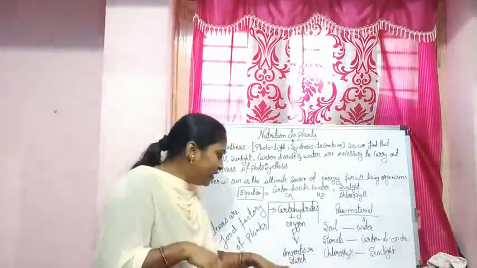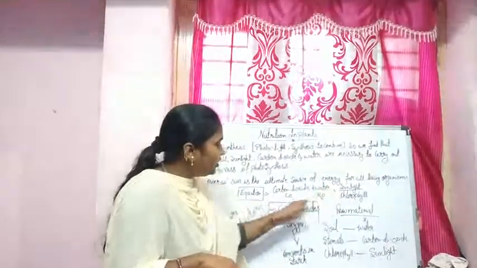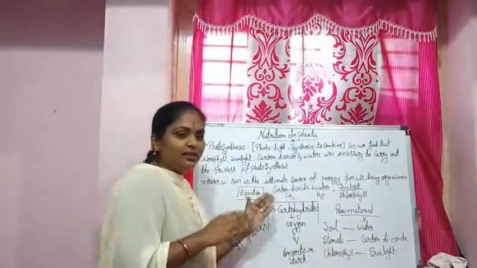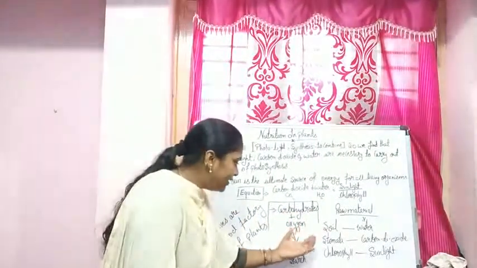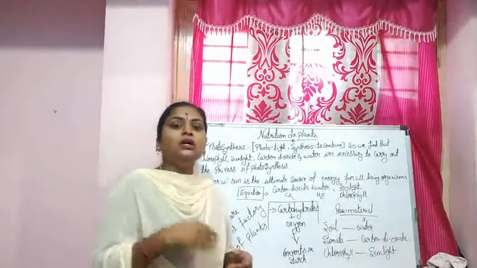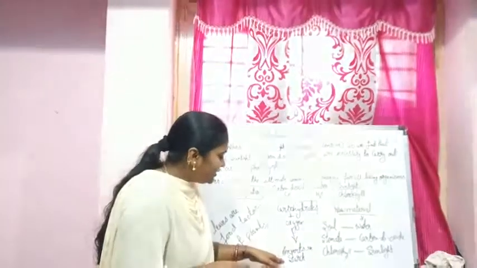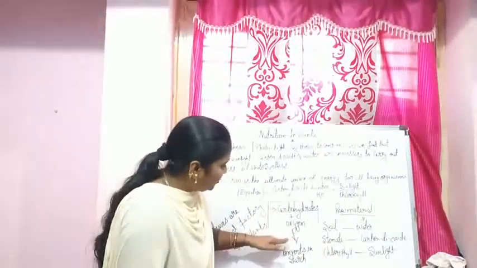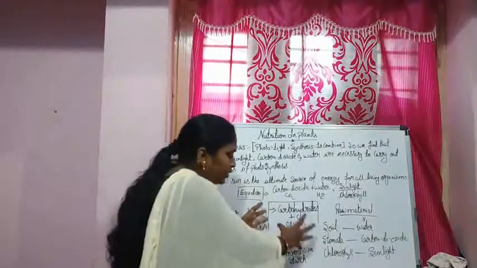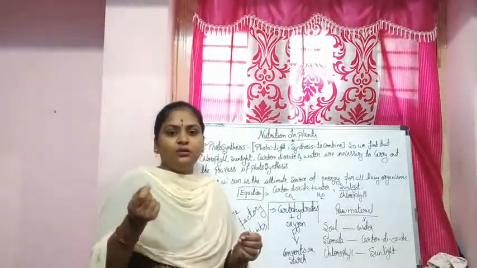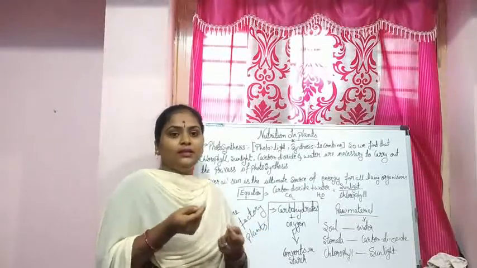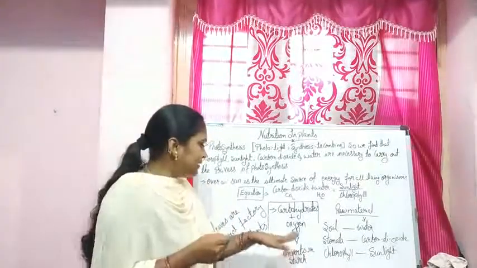That is what? Starch. So when photosynthesis is carried out, we get carbohydrates along with oxygen, and the carbohydrates are converted into starch, that white substance present in the plants.